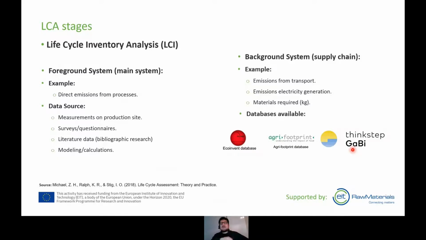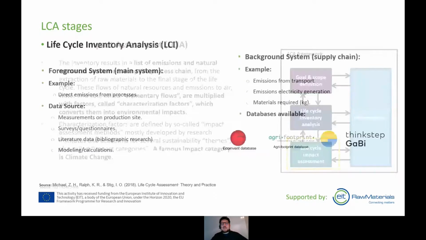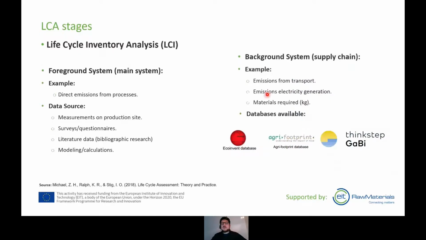Here we can find a lot of industrial processes, for example, the production of tap water or electricity in Italy, or even the transport of certain material using a certain type of fuel. So we can use the databases and we don't need to make this analysis for specific things. I think that's where we are saving time by not repeating this kind of analysis.